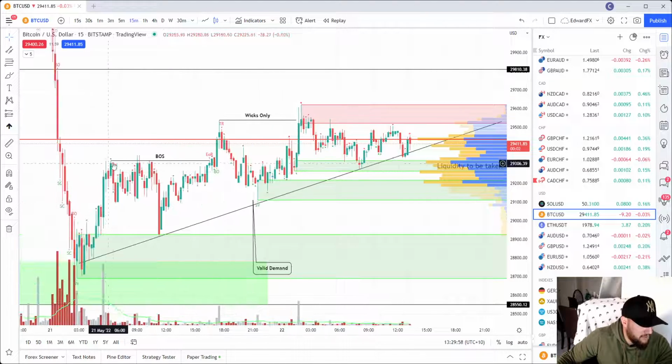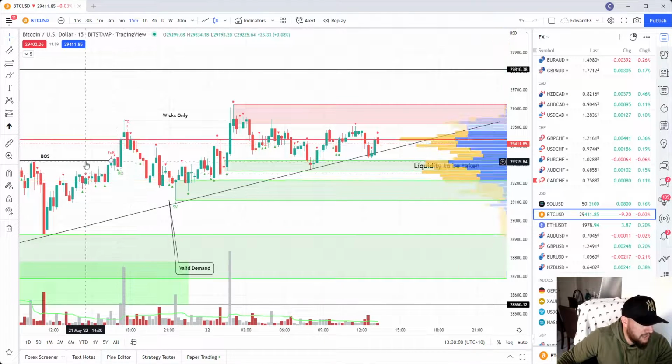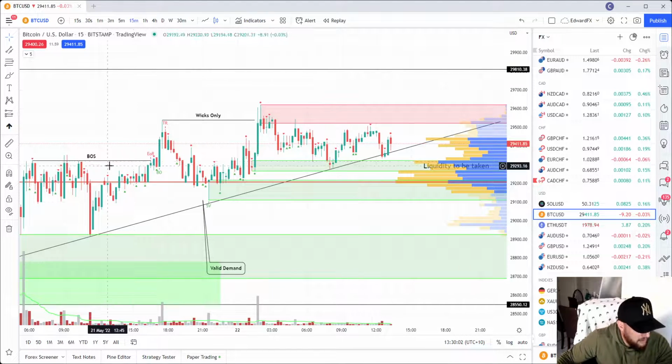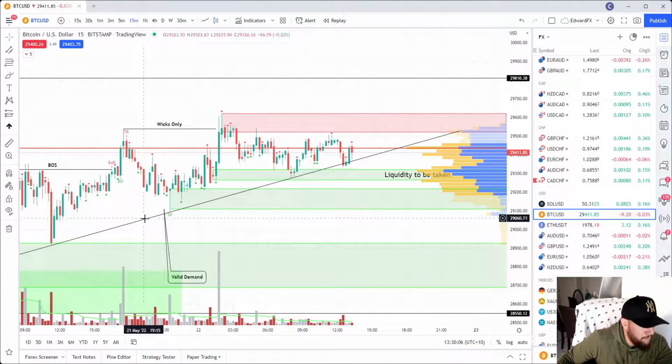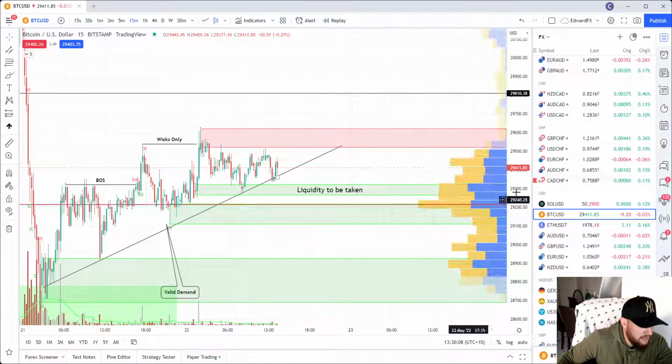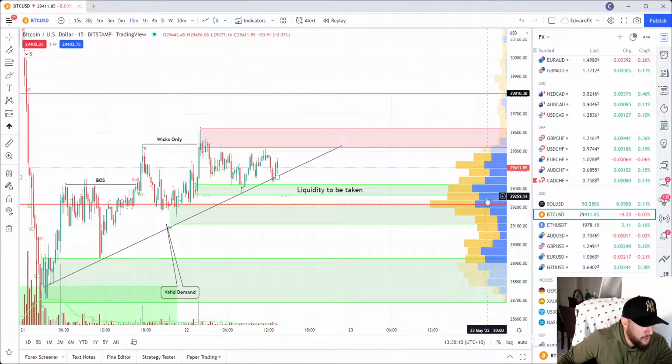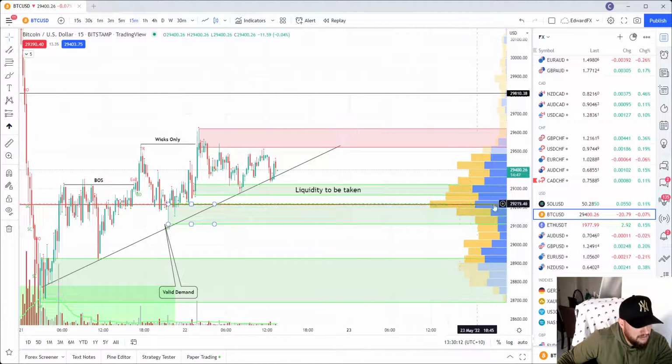We have a break of structure to the upside, which is validated by break of the highs by candle bodies, not wicks. Then if we look at the volume price by visible range, which is volume at a price level, we can see that here.